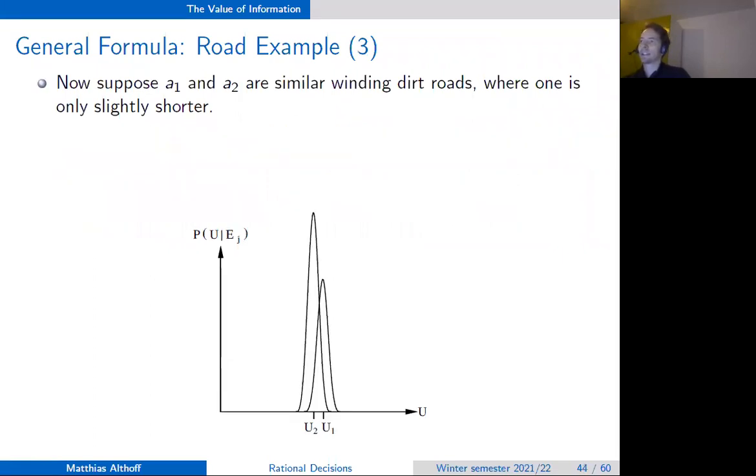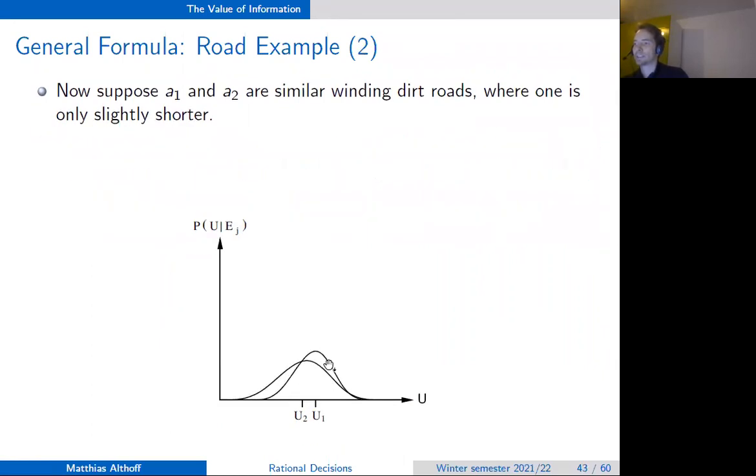And now another case, again, we use similar winding dirt roads. However, the distribution of the utilities is much narrower. So you see, it's a rather narrow distribution compared to what we discussed initially.